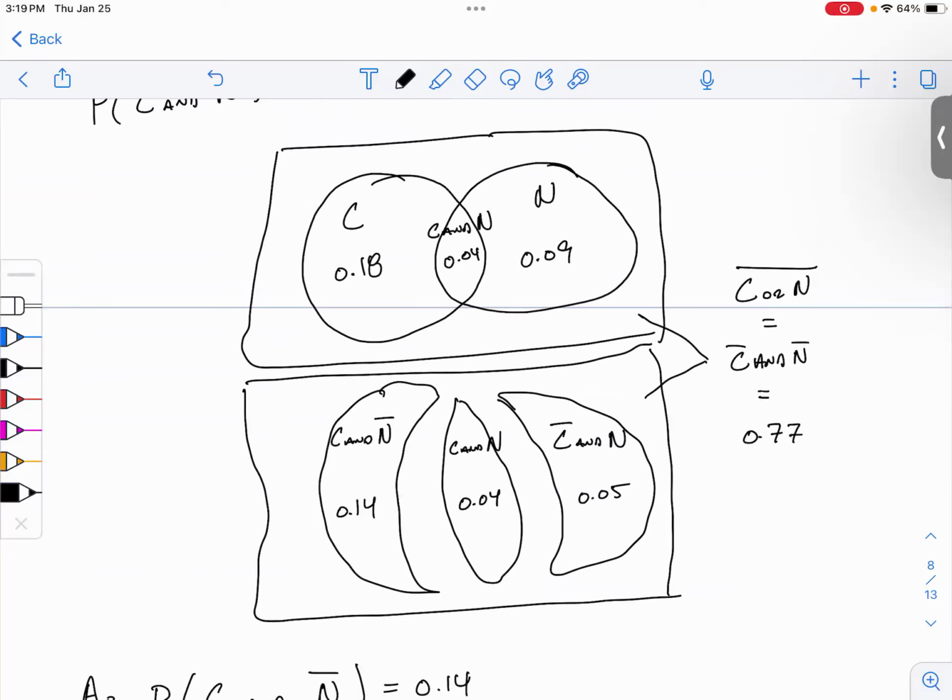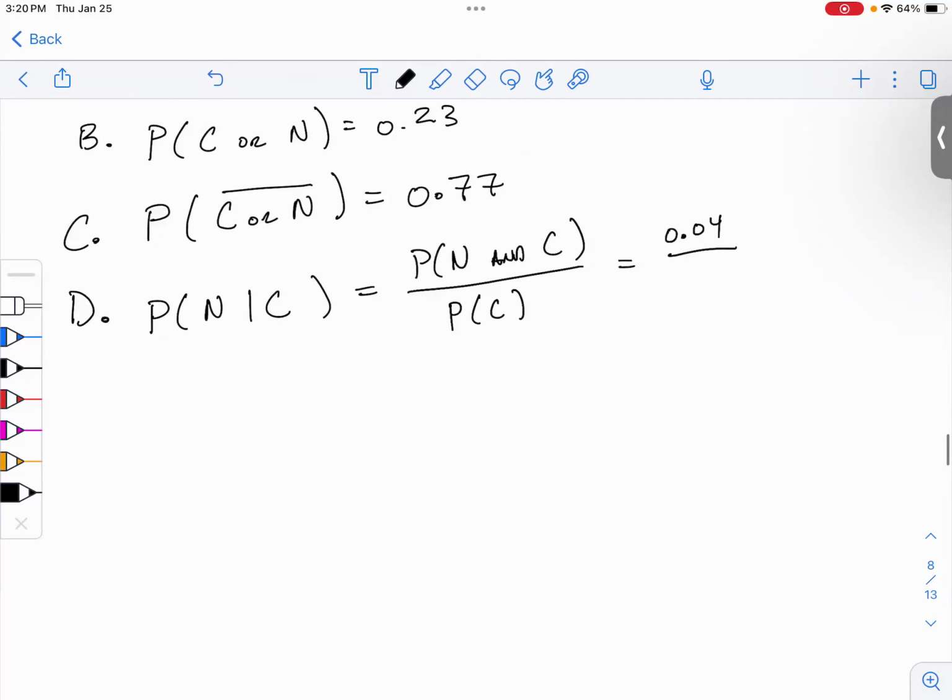Good. This is also what I was talking about with good labeling. If I see bad labeling here, if you called this C as well, all of a sudden people are using only California when it's not. So very important to make sure we have a good picture. 4 over 18, that's 2/9, which is 22%.